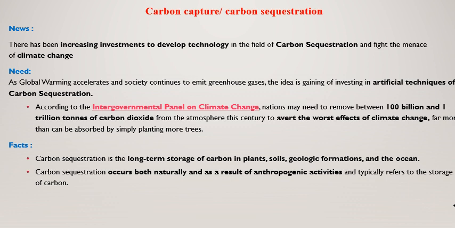According to the Intergovernmental Panel on Climate Change, nations need to remove about 100 billion to trillion tons of carbon dioxide from the atmosphere so that we avoid the worst effects of climate change. Now, what is carbon sequestration?